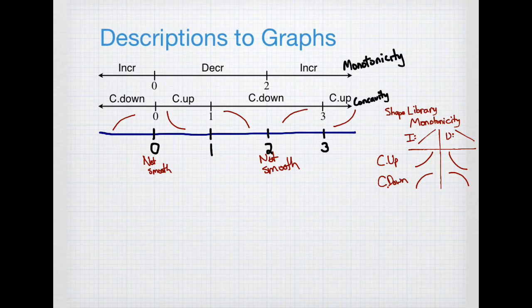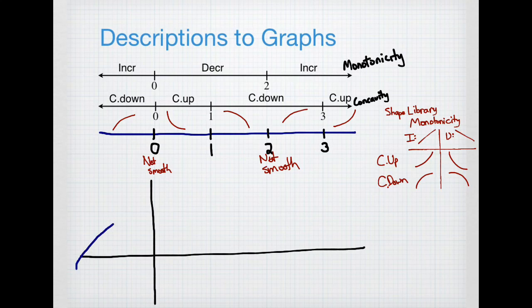So if I go to draw a graph and create my curve, going until 0, my graph needs to be increasing and concave down, at which point it switches suddenly to being decreasing and concave up. So I'm going to have a curve that looks like decreasing concave up until I get to the point 1. We haven't marked any scale, so let's call this 1.